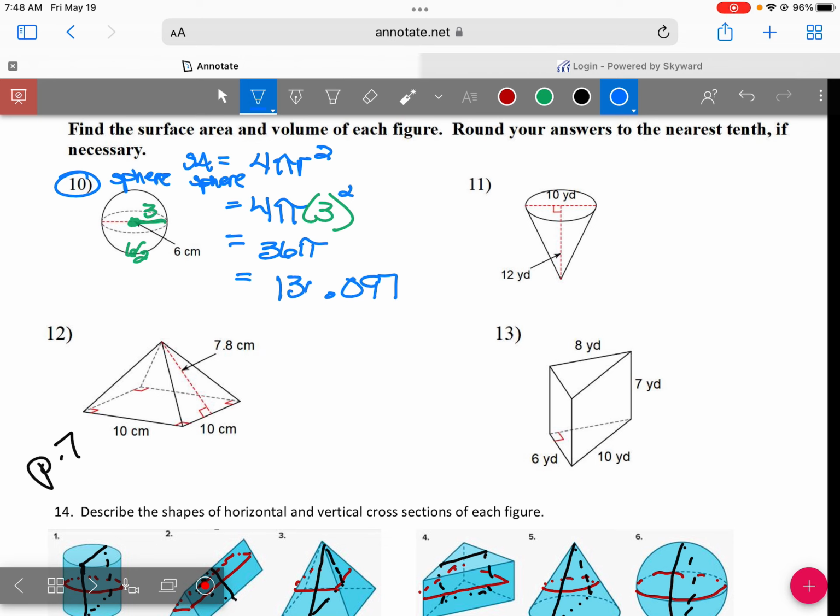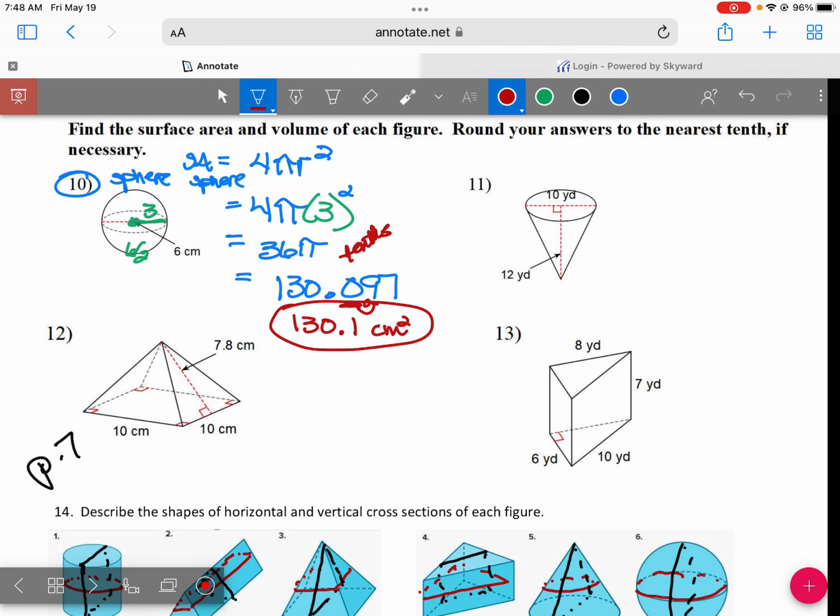Record your answers to the nearest tenth. This is in my 10th place. Look next door, 5 or more. So it's going to go up. 130.1. We're talking about surface area, so this is centimeters squared.